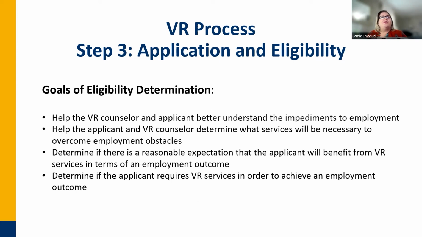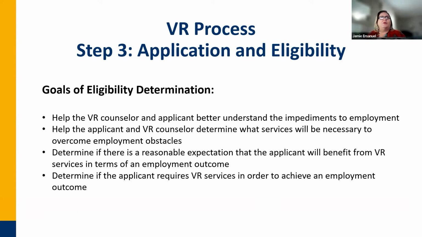The goals of eligibility are to help the VR counselor and the applicant to better understand the impediments to employment. You want to help the applicant and the counselor determine what services will be necessary to overcome any of these roadblocks to employment or these employment obstacles.